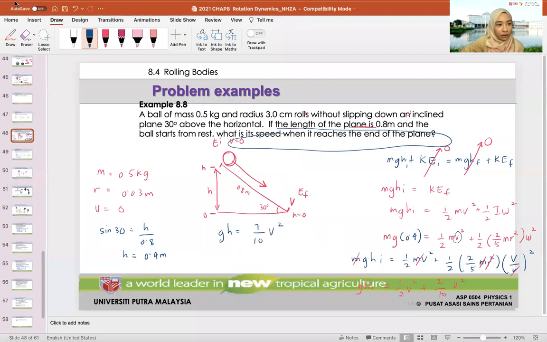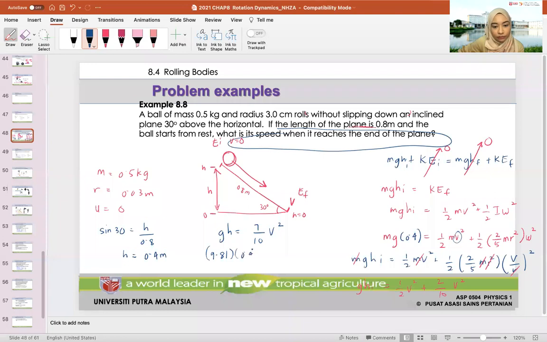Okay. So let's continue our journey. So G is 9.81. H is 0.4. Then we have 7 over 10 V squared. So if I wanted to solve for V, this should be times 10 over 7.